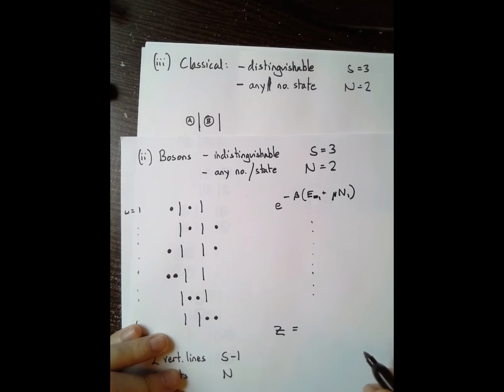In this case, Z was just the sum from W equals 1 to W of e to the minus beta (E_W minus mu N_W).